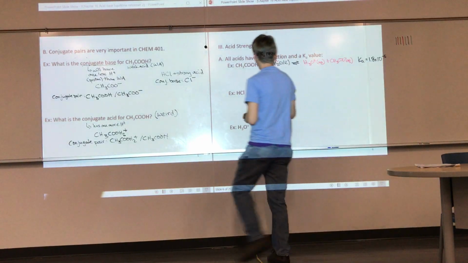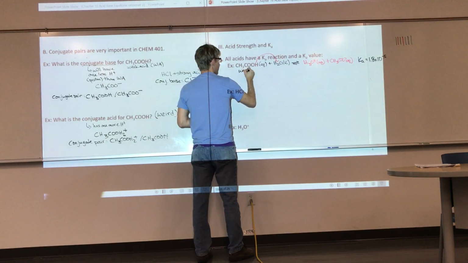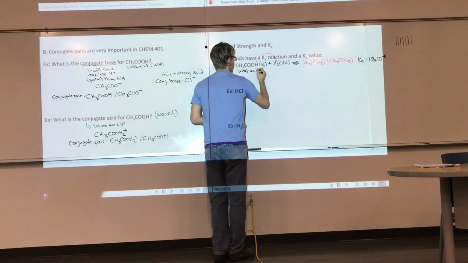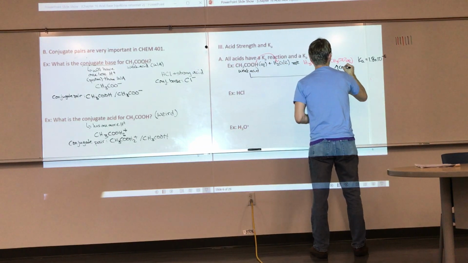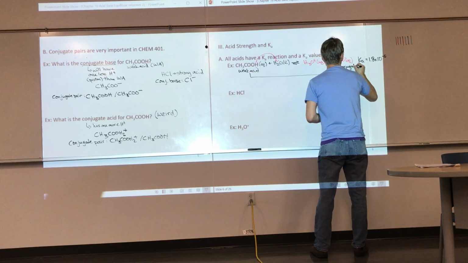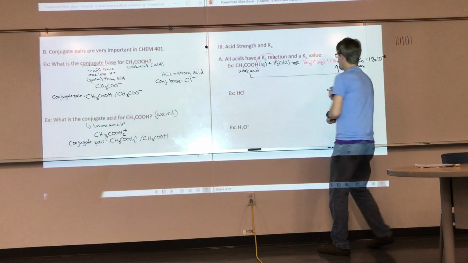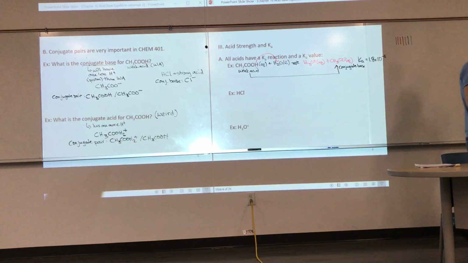Conjugate pairs. We have a weak acid. We have its conjugate base. We're not going to prove this yet, but I am going to state it so that you have this for your notes.